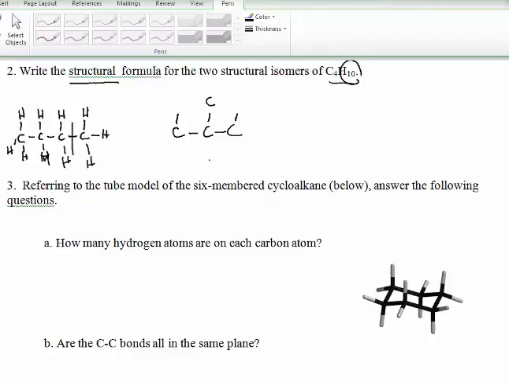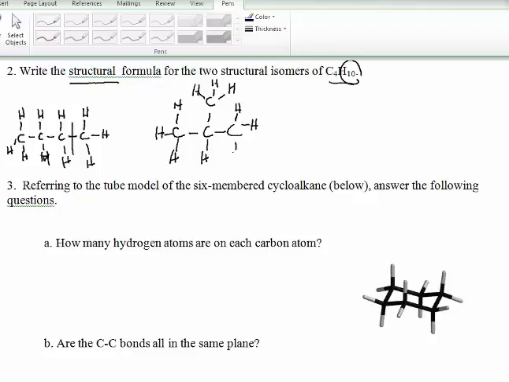You can see now that I have a new carbon structure. I have 3 carbons in a chain. The middle carbon has a new carbon attachment. And now I need to fill in hydrogens. This carbon needs 3. This carbon needs 3. And the carbon in the middle already had 3 carbon neighbors, so it gets 1 more hydrogen.